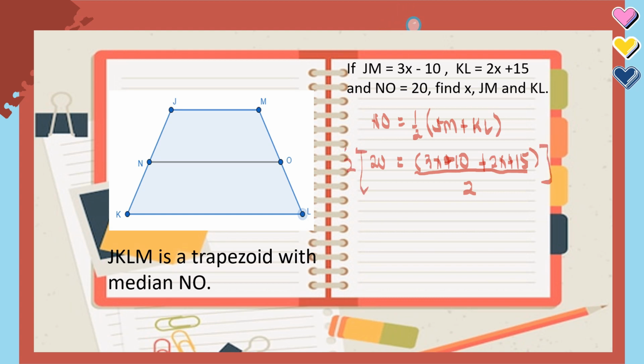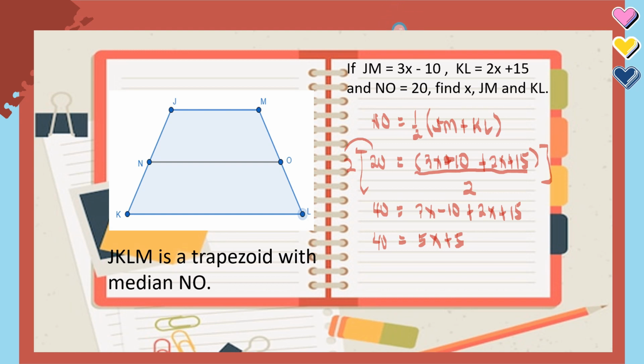So we get 2 times 20 is 40 equals 3x minus 10 plus 2x plus 15. So 40 equals, combining similar terms, 3x plus 2x is 5x. Negative 10 plus 15 is positive 5.